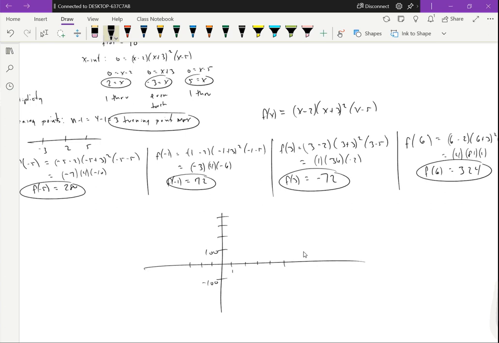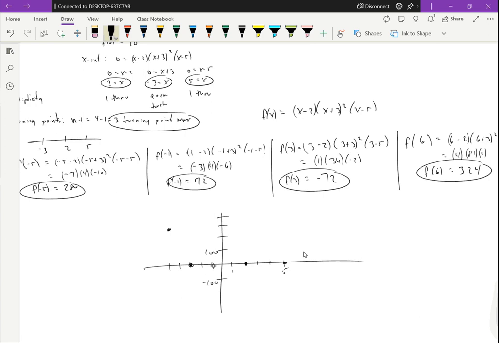We do know at 2 we have an x-intercept, at negative 3 we have an x-intercept, and at 5 we have an x-intercept. At negative 5, we're at 280. It's going to be up here approximately, between 200 and 300, closer to 300.